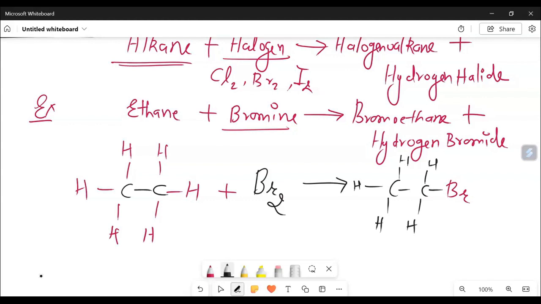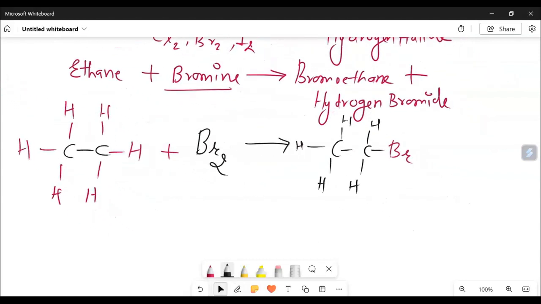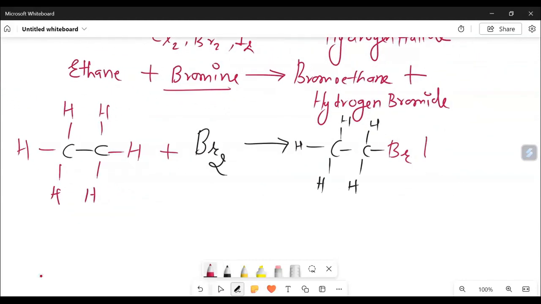Remember, carbon is tetravalent. Plus hydrogen bromide, where this H comes here and there is a Br. I hope you get how we can draw it.